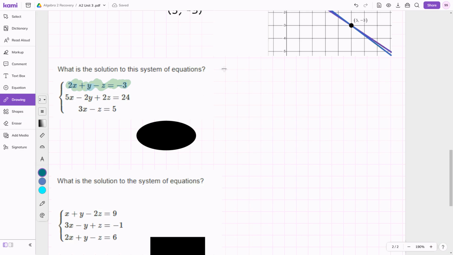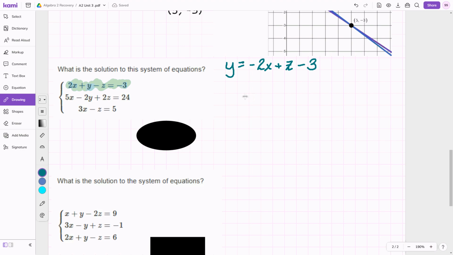And I get y equals, I'm going to move everything to the right side. So I'm going to switch the 2x to a negative 2x, and I'm going to switch the z to a positive z, and then minus 3. Okay, so now that's been converted to an equation where I'm solving for y.